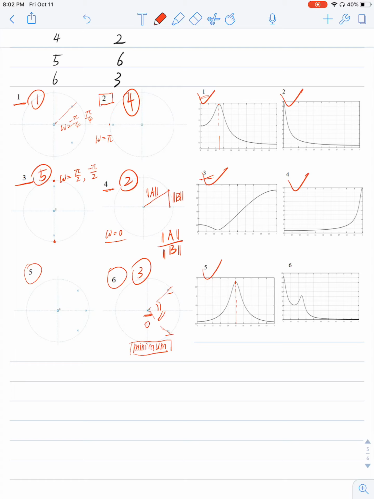And for pole zero diagram 5, it has three poles, so it has 3 peaks.